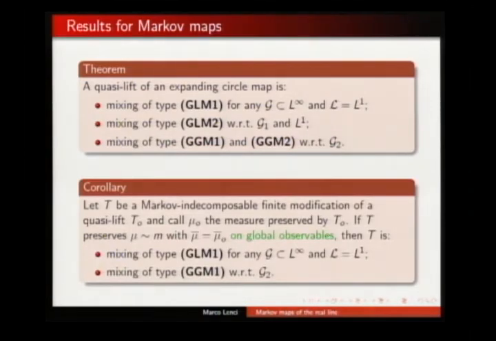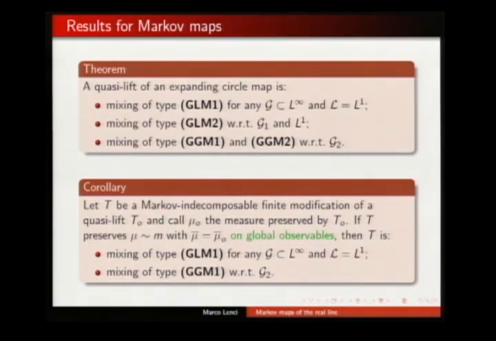Of course, results are weaker for finite modifications of quasi-lifts. You need to require your finite modification to preserve a measure which is equivalent to the Lebesgue measure. Also, you want the infinite volume average with respect to the measure mu to be the same as the infinite volume average with respect to the measure mu0, which was the measure that comes with the quasi-lift T0, of which T is a finite modification.